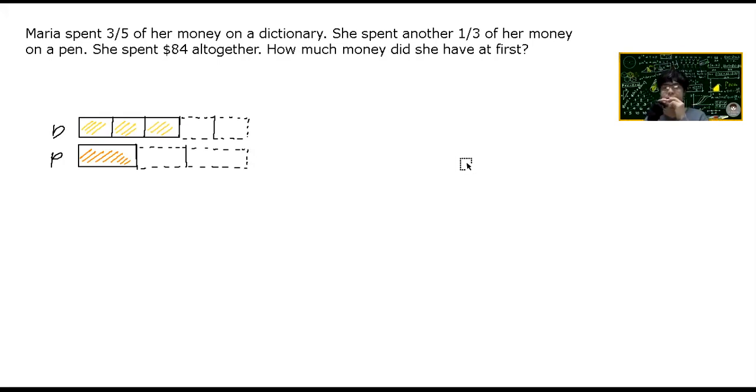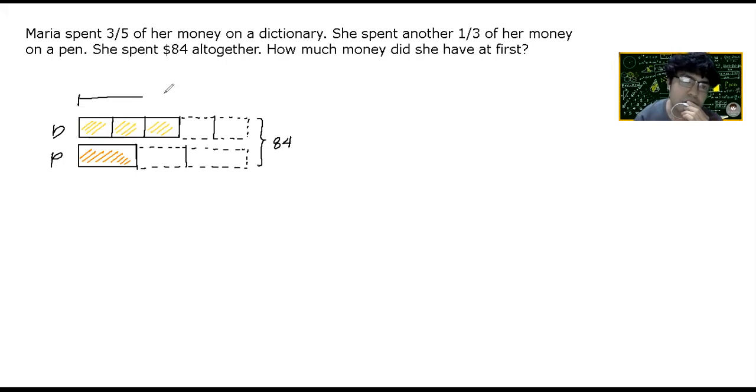Now, this is what we call fractions. If the total amount she spent is $84, how much money did she have at first?